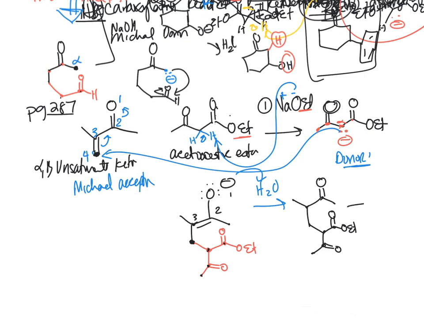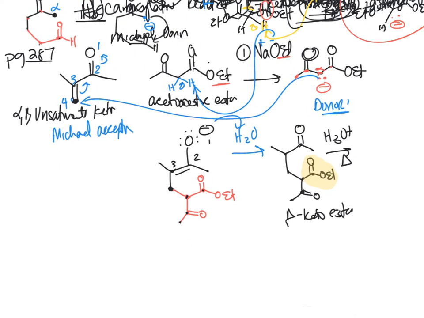All right, and the next thing we do is we add H3O plus and heat. So we have a beta keto ester. What's going to happen is we're going to get some decarboxylation of the ester. So all of this that I highlighted will decarboxylate. So let's do that.